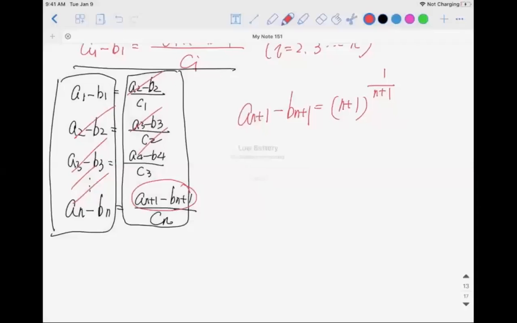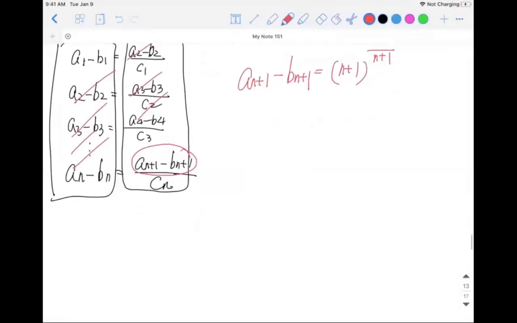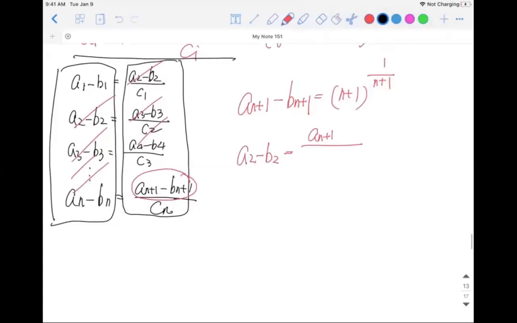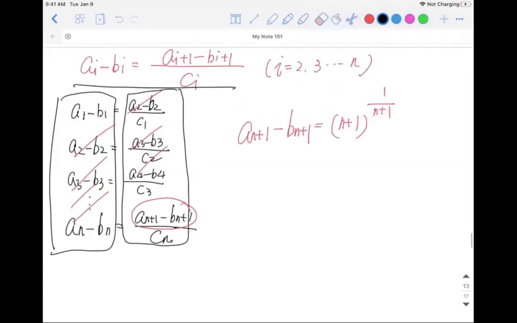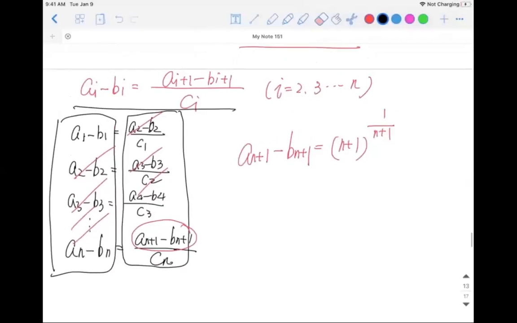All right. Moving forward, what we can do is find out A_2 - B_2 according to our definition. Let me just repeat it one more time. I'm going to put everything together, and most of the terms can be canceled out, right?